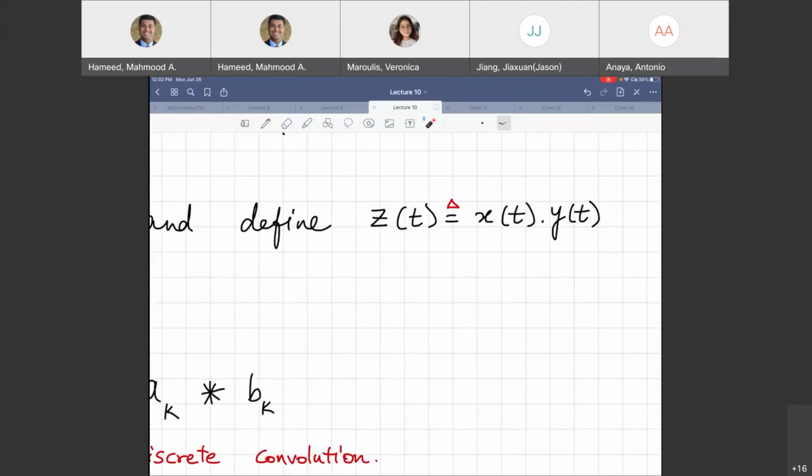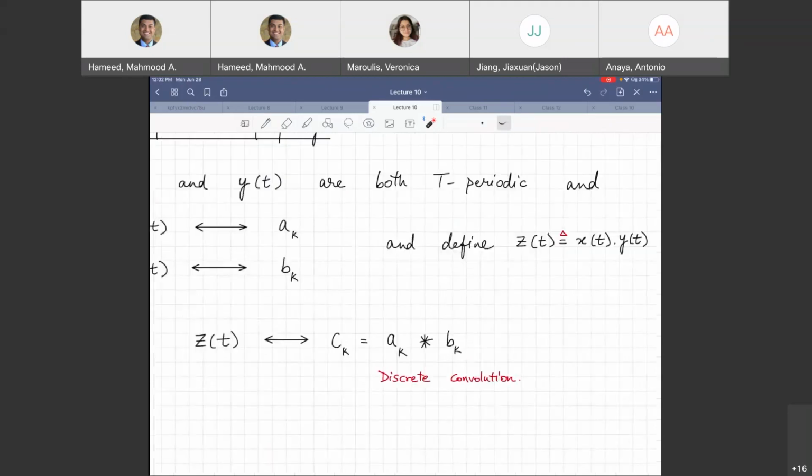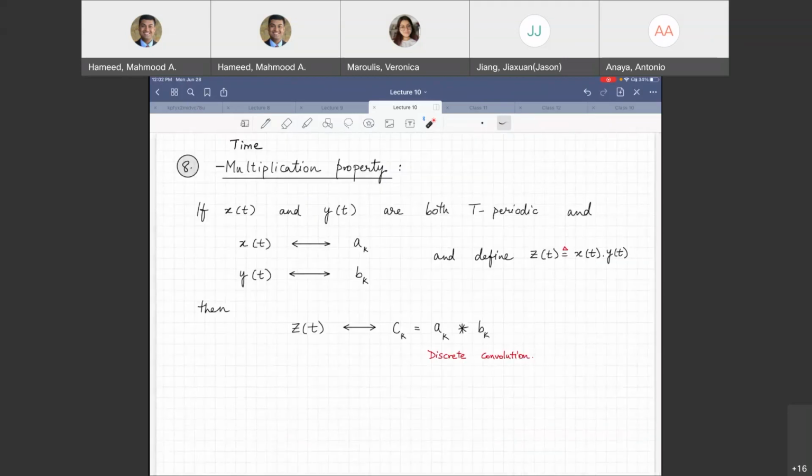The property says that c sub k, the Fourier series coefficients of the multiplied signal, is simply the discrete convolution between a sub k and b sub k. You do a discrete convolution in the Fourier series when you multiply signals in the time domain.